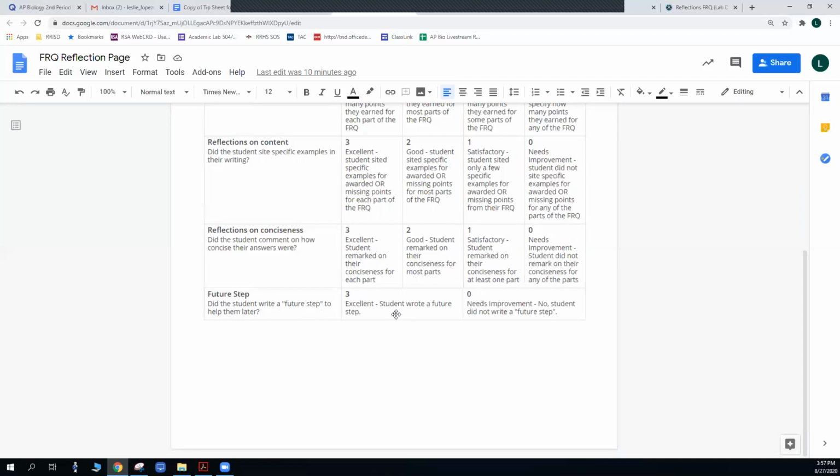The future step is something that you're including in your FRQ so that a week from now, 2 weeks from now, 3 months from now, in May, however long the school year goes, you can quickly review if you were successful on this particular FRQ, what you need to do to remember for next time, or it could be something that you are going to do to improve for the next FRQ or on this next topic.